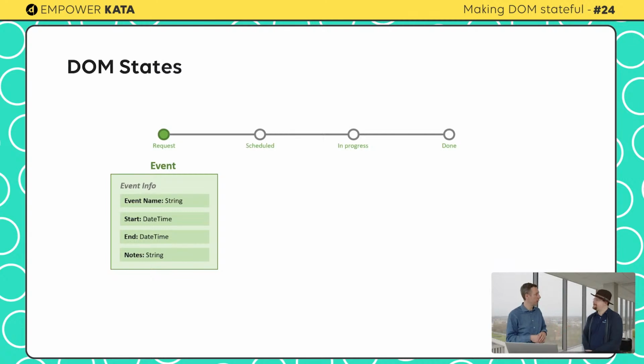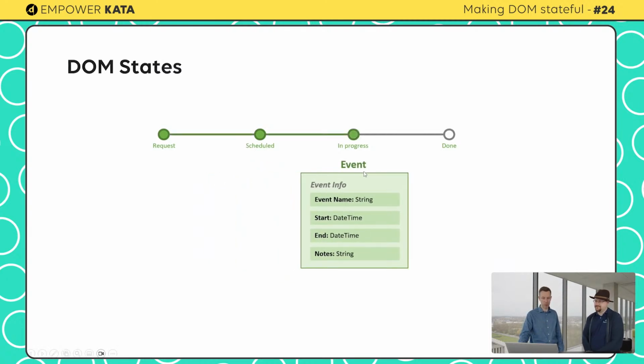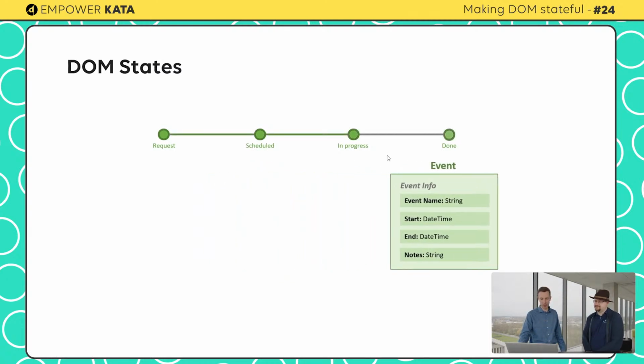Somebody does a request for an event to be organized, for example, to be scheduled. So they create an instance of that event in the state request. And now we define that there are sequential steps like scheduled, in progress, and done. And now we can actually move that instance through those different states. I'll show you in a minute how that works.